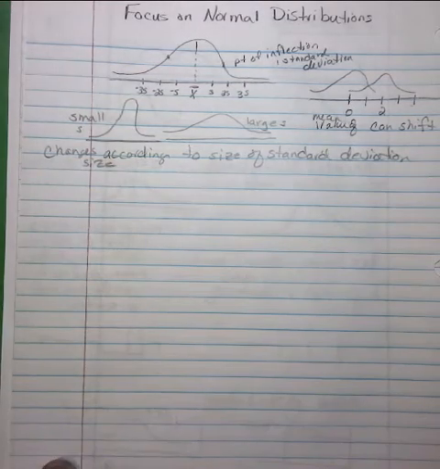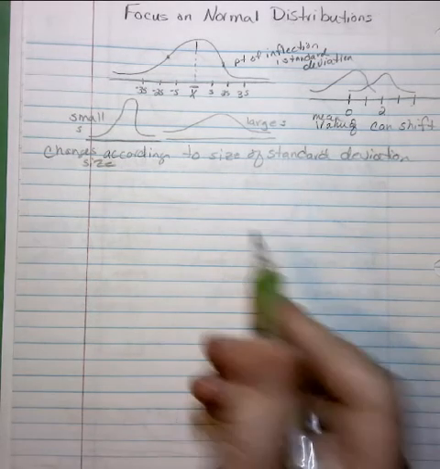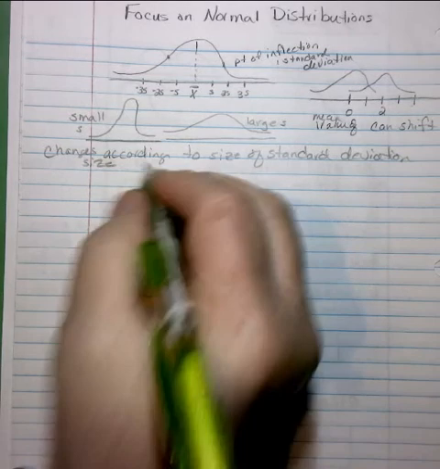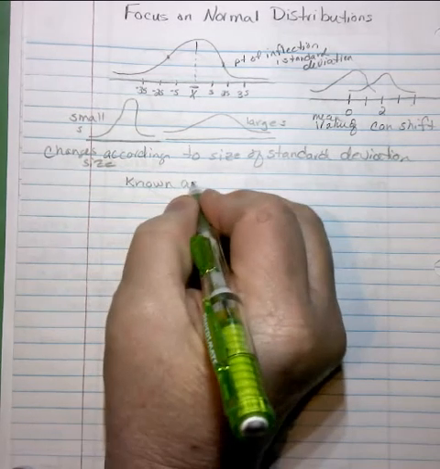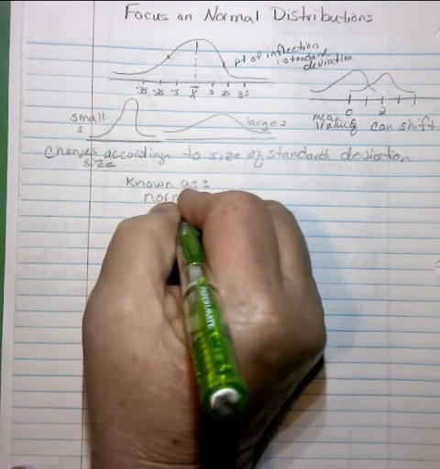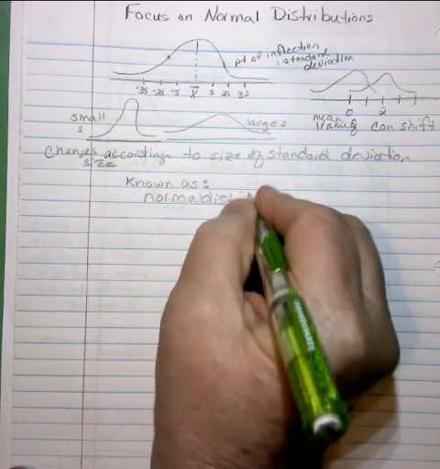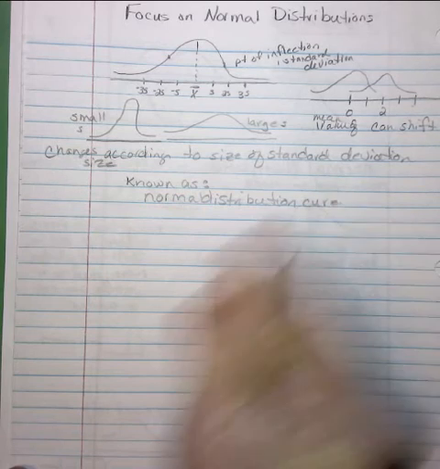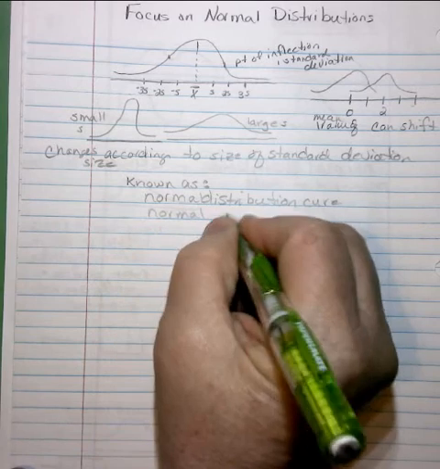One of the other interesting things about normal distributions that sometimes gets confusing to a lot of people is that it is known by many names. So we call it the normal distribution curve. But you'll also see it referred to as a normal density curve.